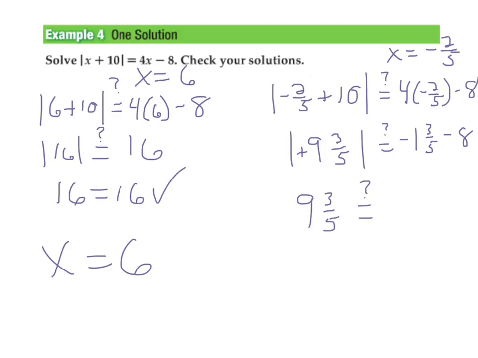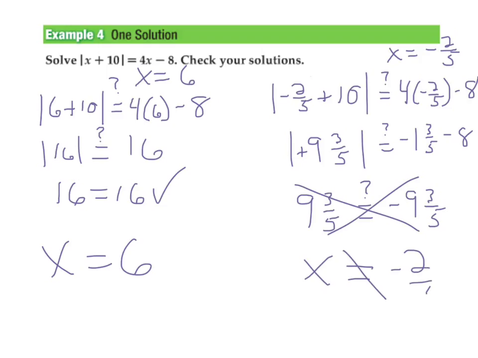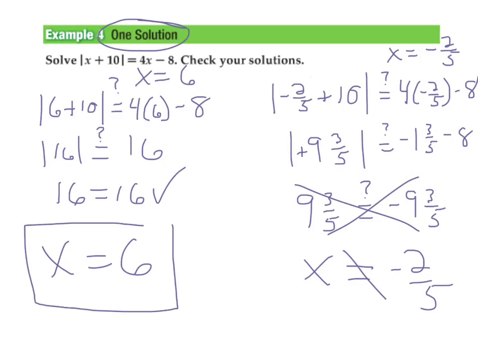Is it equal to negative 1 3/5 minus 8, which gives us negative 9 3/5? Are these two things equal? They are not. We checked and found out that x does not equal negative 2/5. So our one solution, as we noted up here as a title to example 4, is x equals 6.